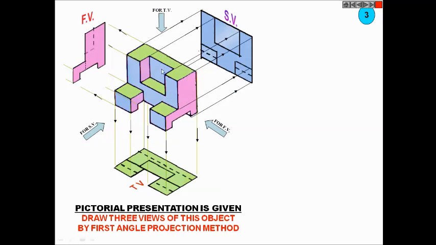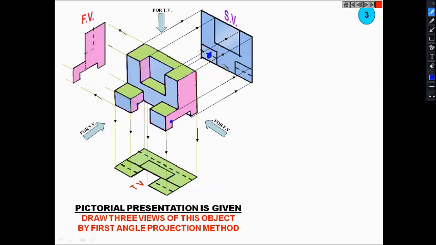In the side view, this rectangle is shown right here, then this particular portion is shown right here, then the front two rectangles are shown right here. Then the hidden edges which pass through this point as well as through this point are both shown right here.